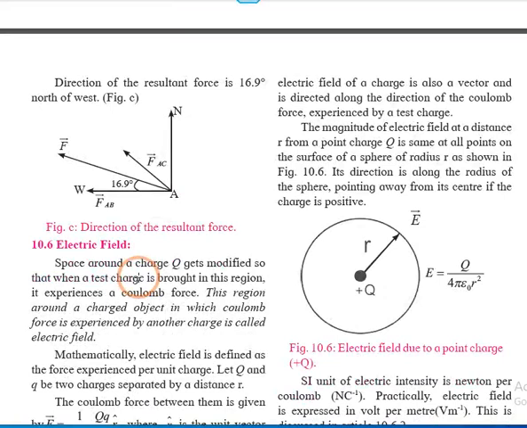Now, if I consider the electric field of a charge, that is the field around that particular charge in which Coulomb force is experienced by another charge, then that electric field is also a vector quantity, directed along the direction of Coulomb force experienced by another charge. You can see it in the diagram.